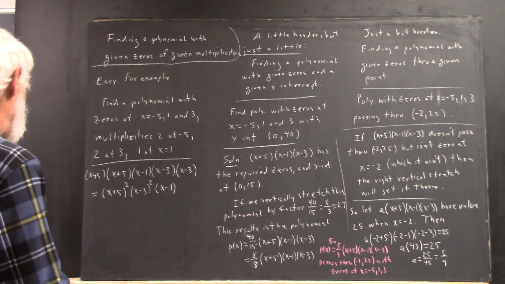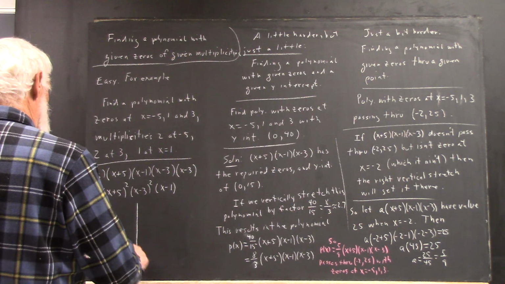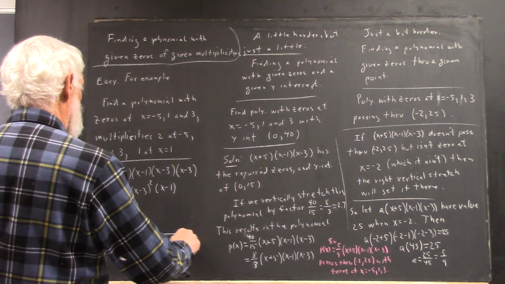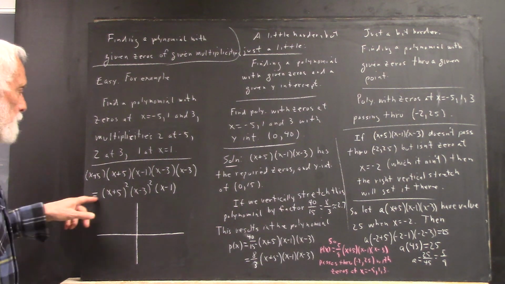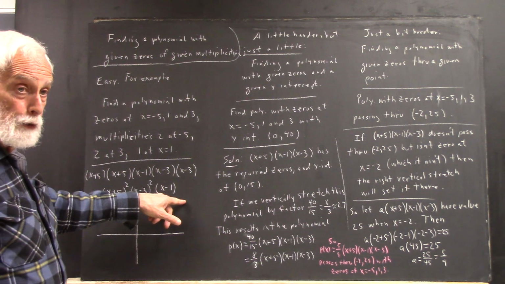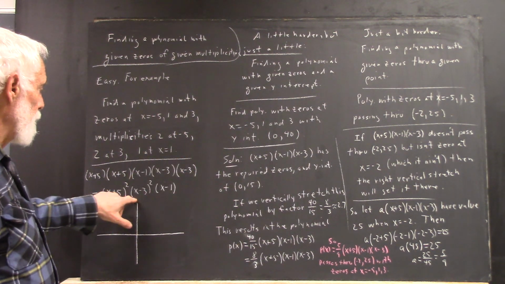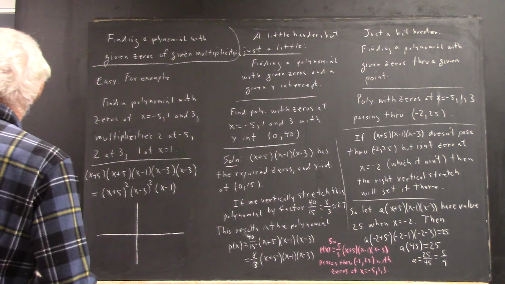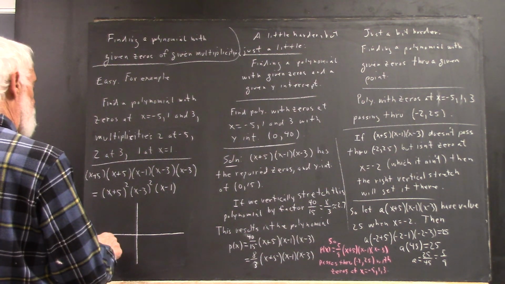Okay, well, we can easily construct an approximate graph. If we multiply all these out, the leading term is going to be x to the 5th. And, in an exercise, I'll probably ask you to multiply some of these out. Okay, but we have x equals -5.